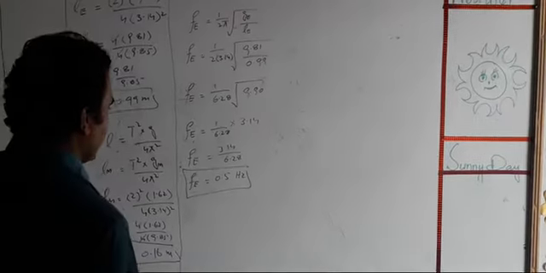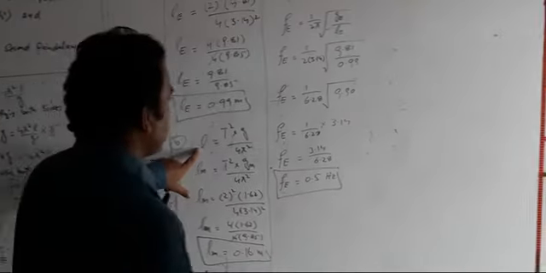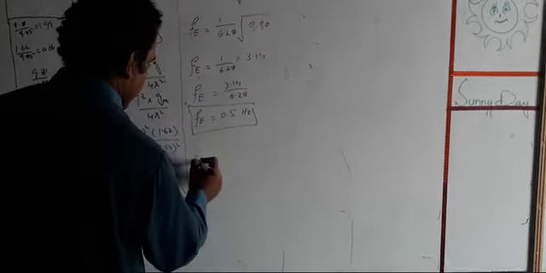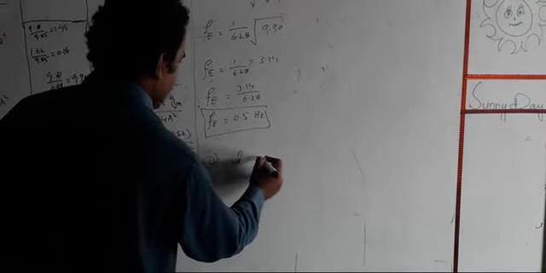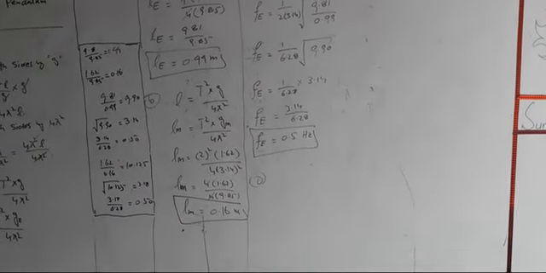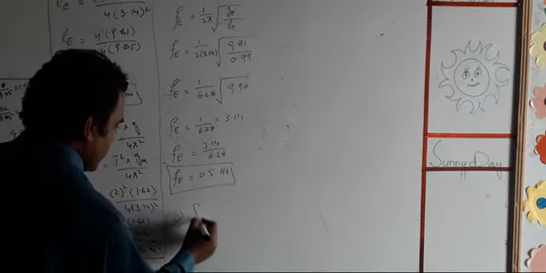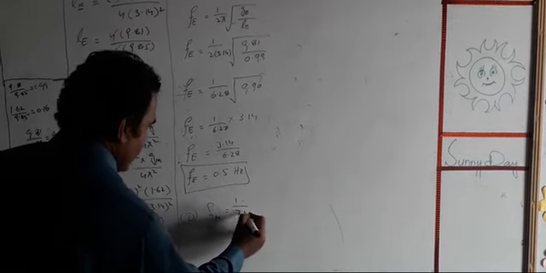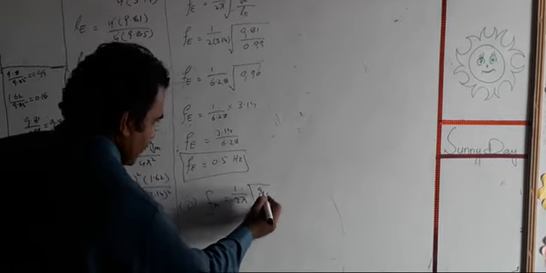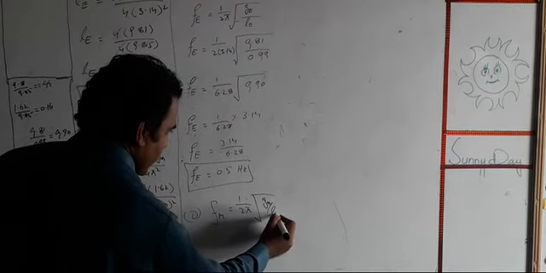Now to calculate the frequency for the moon, it is part D, so L is equal to T squared multiplied by G. I have to calculate the frequency on the moon, so I will write this formula, but for the moon: frequency on the moon will equal 1 over 2 pi square root of G divided by L. So for the moon, I will write gravity value on moon divided by length of pendulum on the moon.